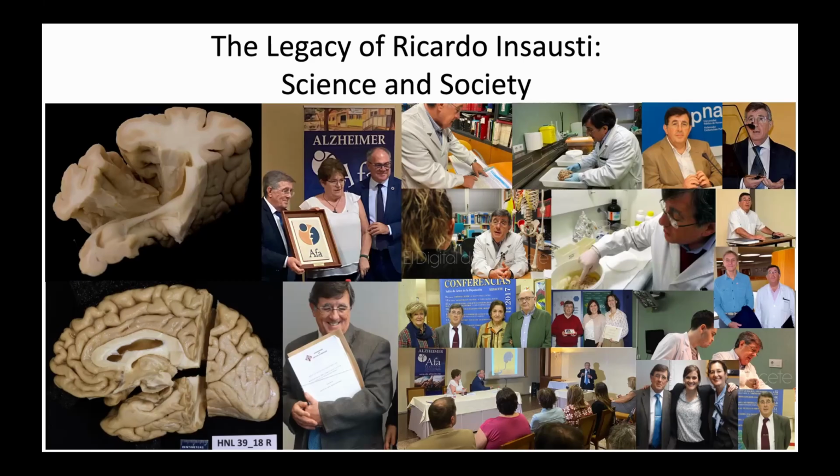So he would try to inform the public of the importance of body donations and brain donations to science and teaching. So I just took a sample of pictures from news.